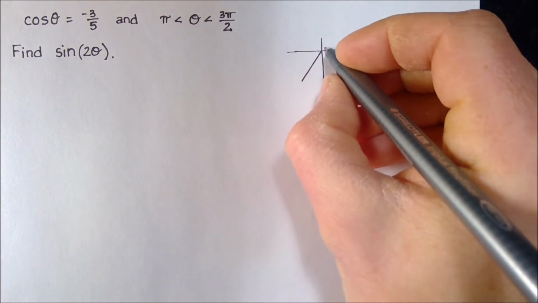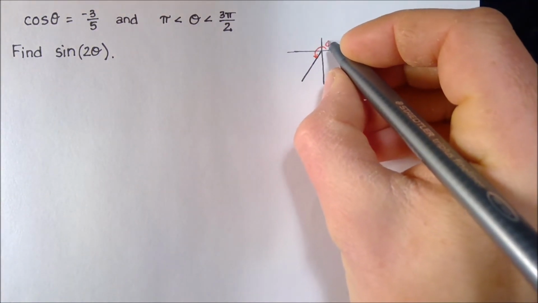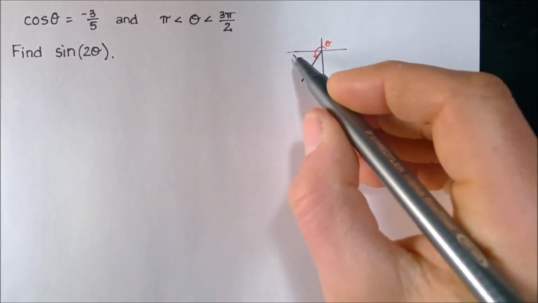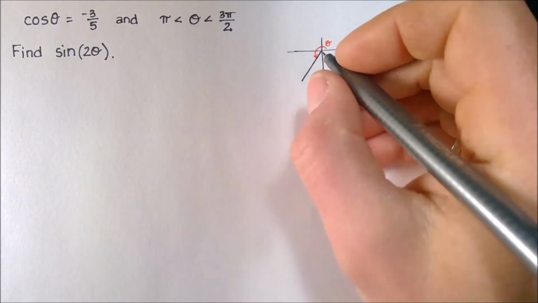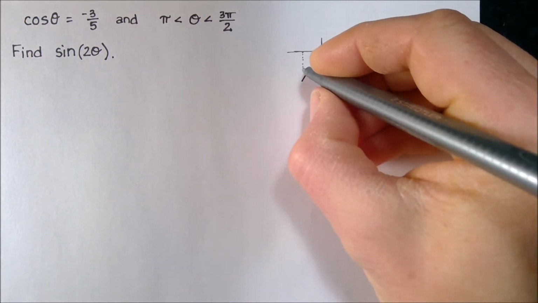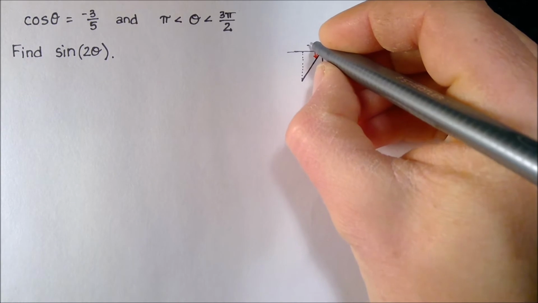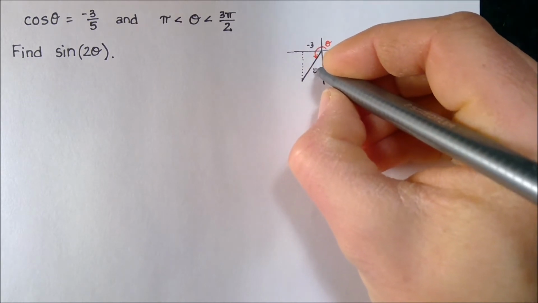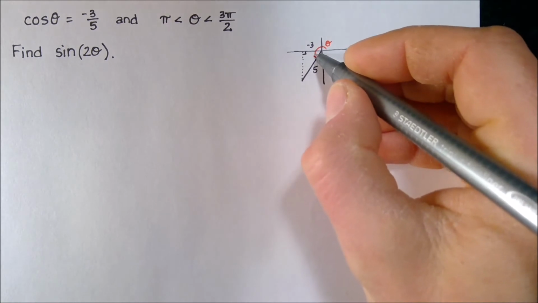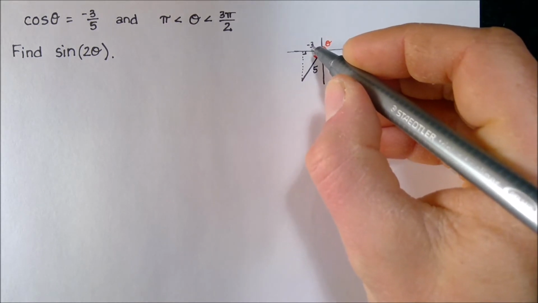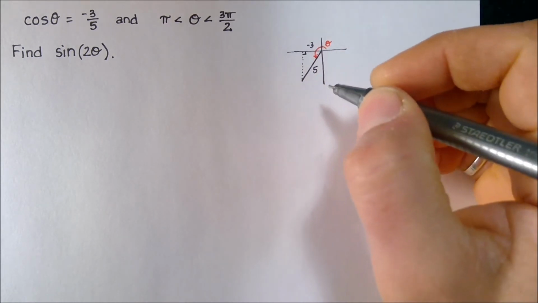Just the fact that it's between pi and 3 pi over 2. So the reason I'm drawing that is that it allows me to label this triangle as -3 and 5, because that little reference theta in here would have a ratio of -3/5.